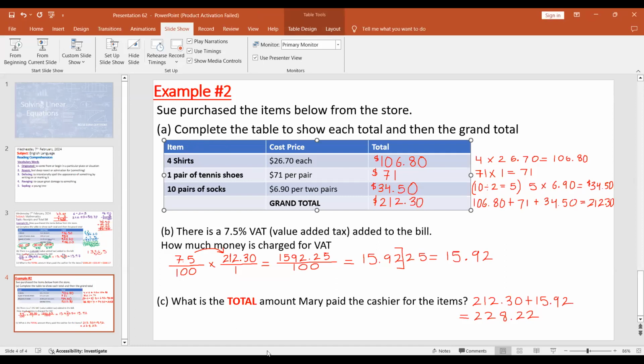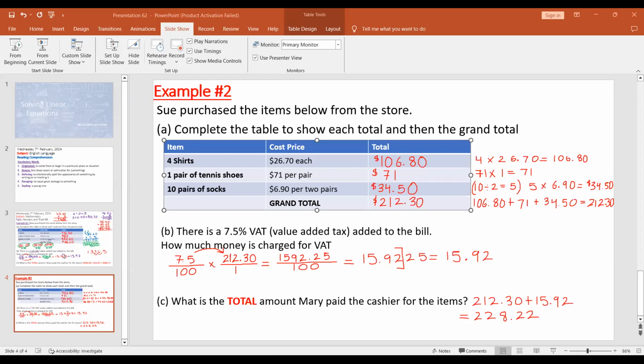Very good. Now we want to figure out B. There is this 7.5% VAT added to the bill. How much money is charged for that? So 7.5 over 100 times $212.30 over 1. We multiply 7.5 times 212.30, which gives us $1,592.25 over 100.